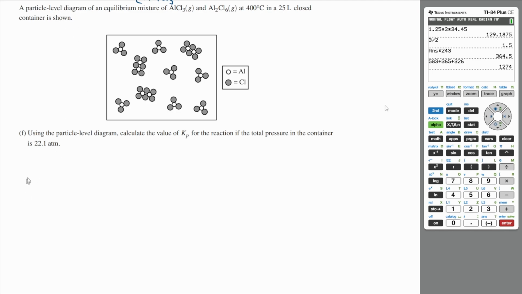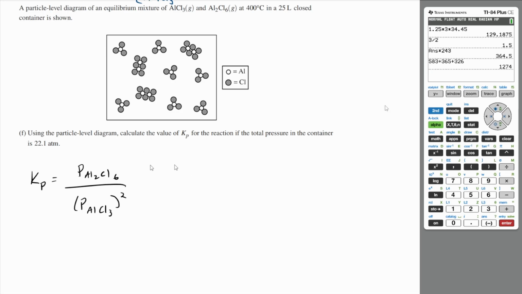Let's rewrite our Kp expression. That's going to be the partial pressure of Al2Cl6 over the partial pressure of AlCl3 squared. So we need to find out the partial pressure of our product and then also the partial pressure of our reactant. So how do you calculate partial pressure?